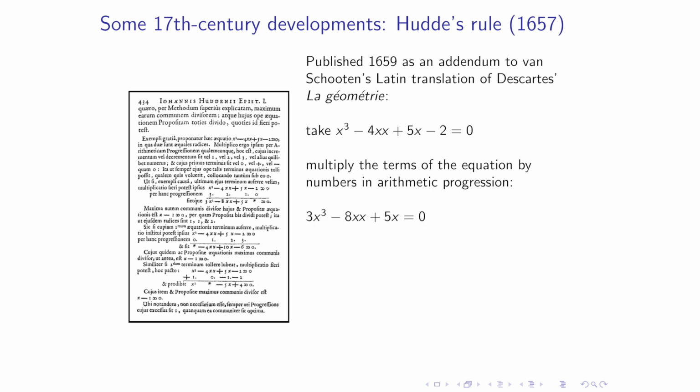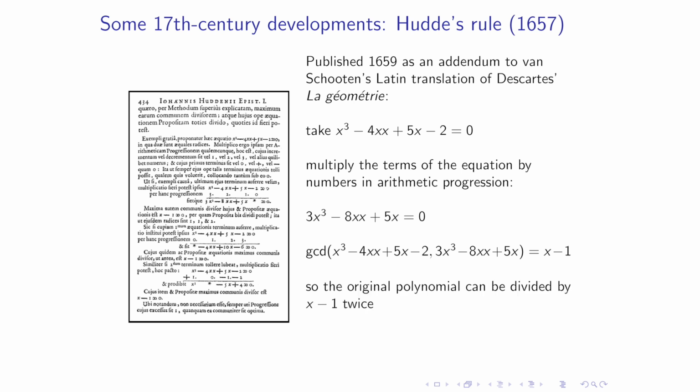So, for example, in this instance, he multiplies the terms successively by 3, by 2, by 1, by 0 as his arithmetic progression, and gets the equation that starts 3y cubed. He then uses the Euclidean algorithm to find that the greatest common divisor of these two polynomials is x minus 1.